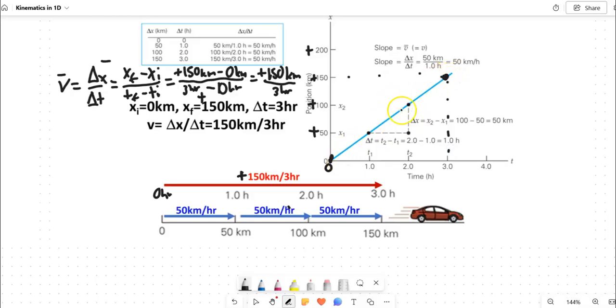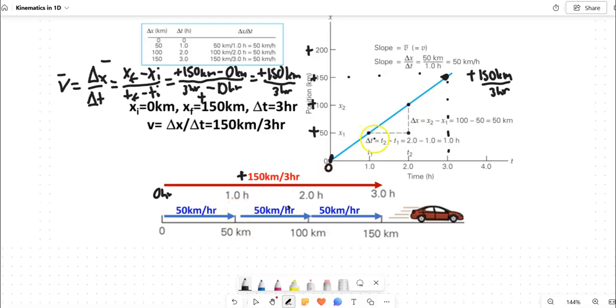So the total slope, which represents the end position minus beginning position, is going to be a positive 150 kilometers over the period of 3 hours. If you reduce it, that'll be a positive 50 kilometers displacement for every hour.